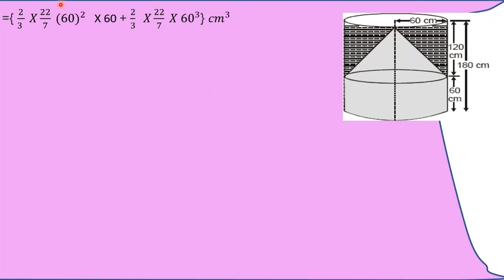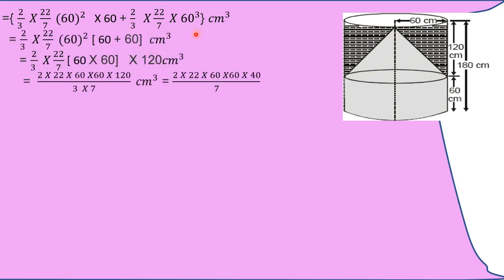So here we get 2 by 3 into 22 by 7 into 60 square into 60 plus 2 by 3 into 22 by 7 into 60 cube. So take out 2 by 3 into 22 by 7 into 60 square common. So we get 60 plus 60, that is equal to 120.